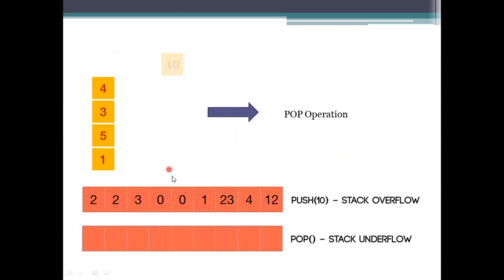Coming to the situations we have been facing here: we are taking the array size as 9, and I am inserting another value, which is the 10th one, meaning I am inserting the value 10 into the 10th position.